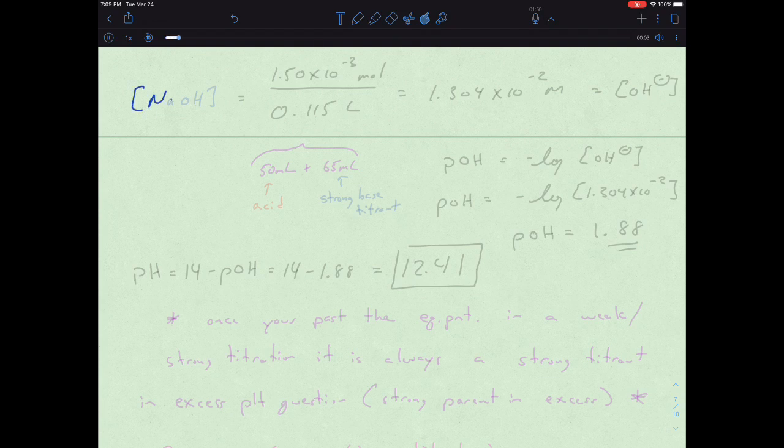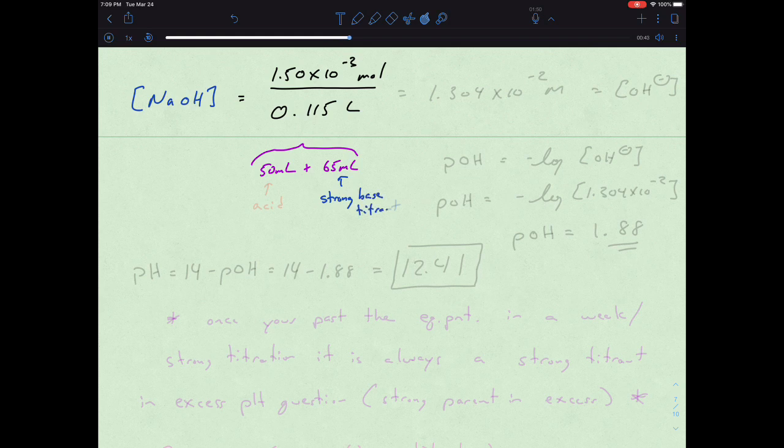So our sodium hydroxide concentration would be equal to that mole value of excess, the 1.5 times 10 to the negative third moles, over the new volume of 0.115 liters, which comes from the 50 milliliters that we started with in terms of the acid, and now we've added 65 milliliters of our strong base titrant.